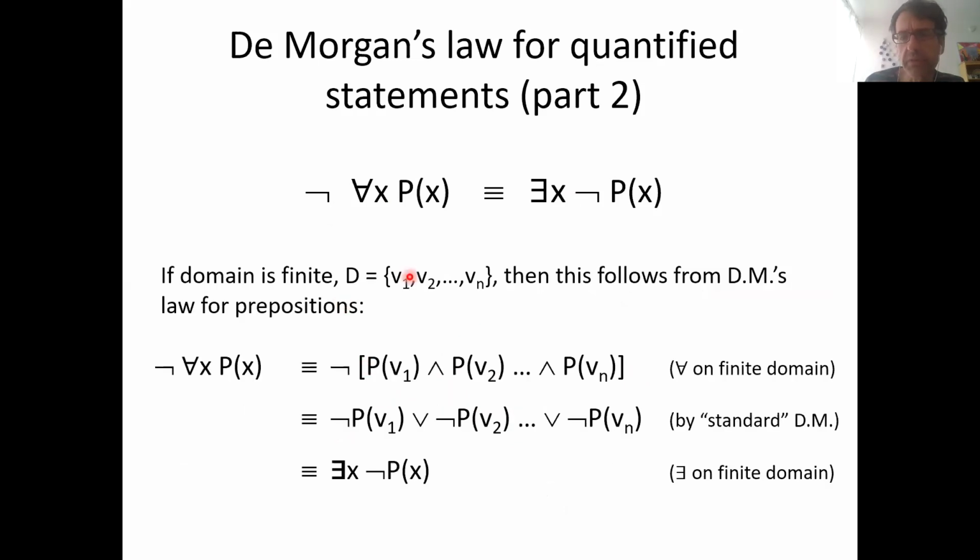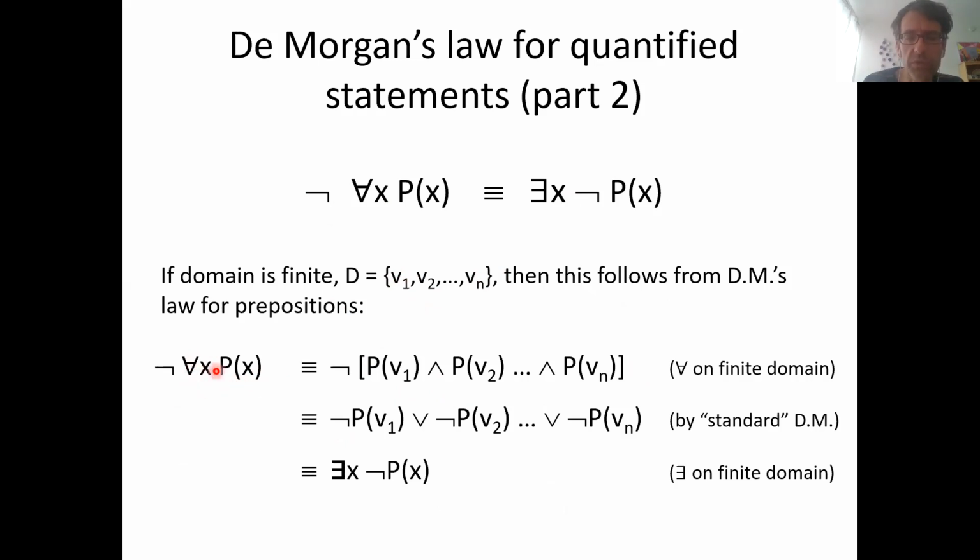And indeed, if I envision the domain as a sequence of all its elements, this in fact holds not just for finite but also countable domains. But that doesn't matter really for us here.